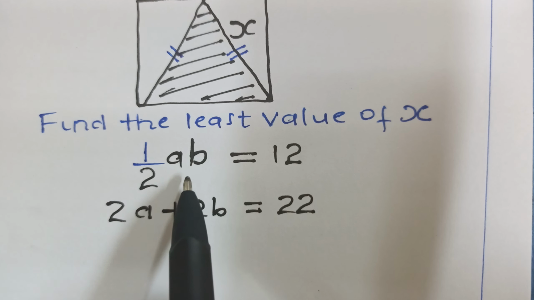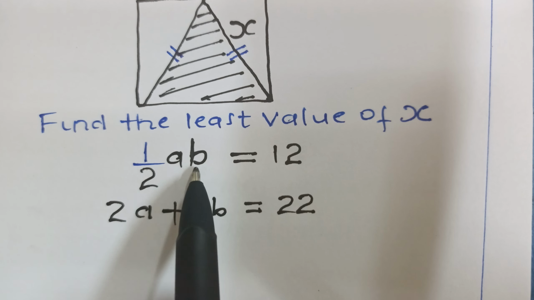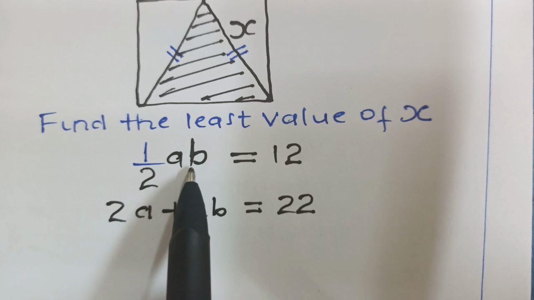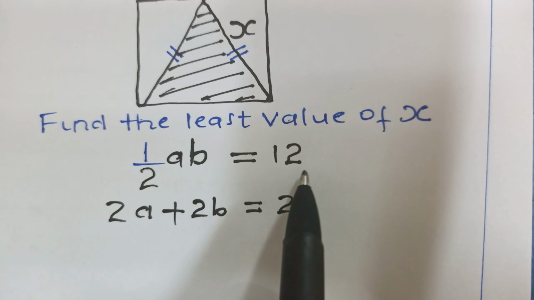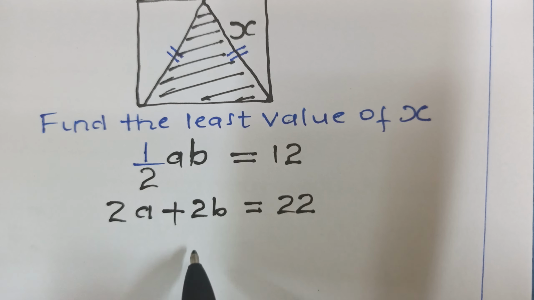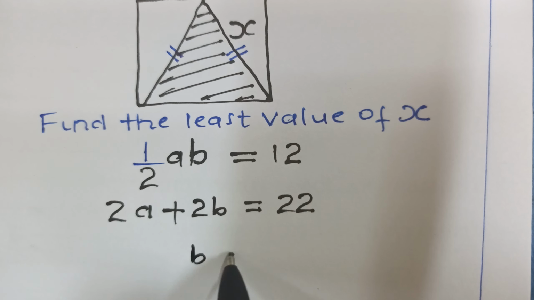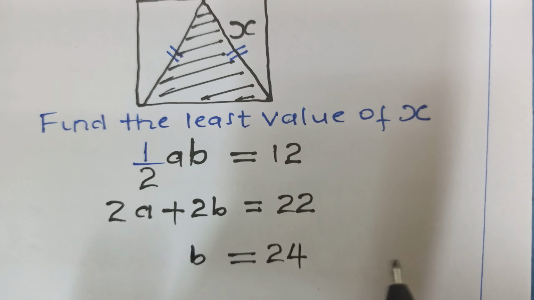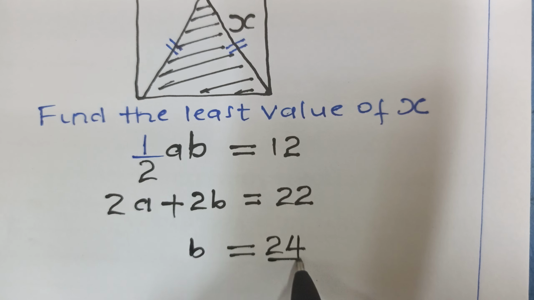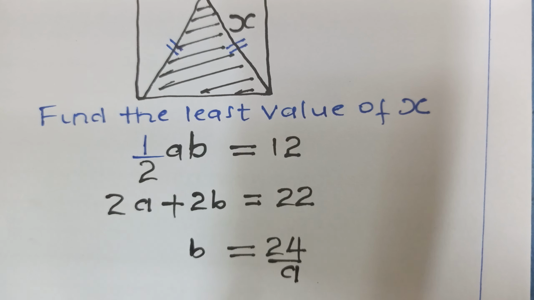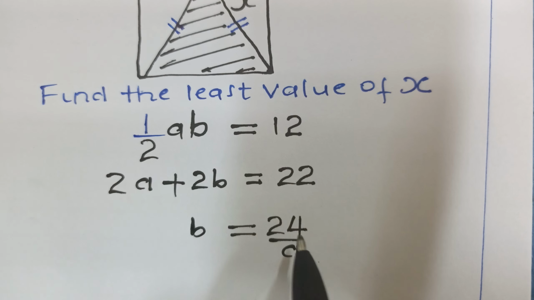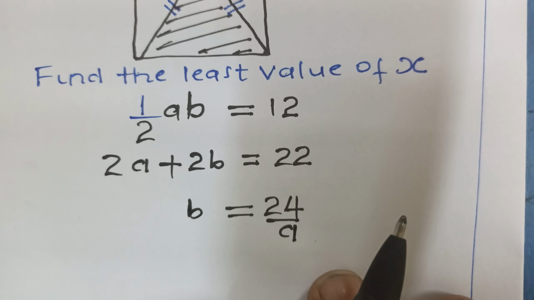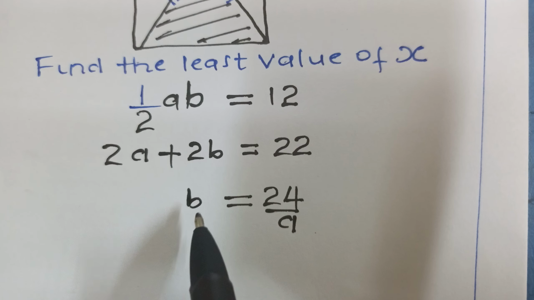So I will now make b the subject of the formula of this formula. This comes to b is equal to 24 over a. Then I come to this other formula, I make this replacement. That is, we are solving this simultaneous equation by substitution.